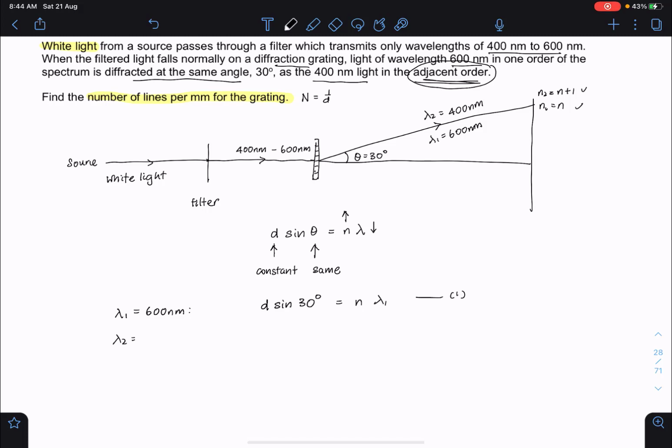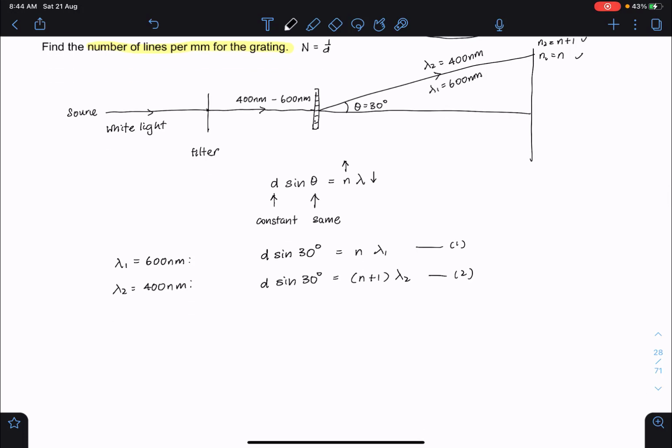For lambda 2 equals 400 nanometer, earlier on we showed that this must be the nth plus 1 order. So it's n plus 1 lambda 2, and this is equation 2. Now d sine theta is the same, so we can equate 1 to 2, and we will have n lambda 1, where lambda 1 is 600 nanometer and lambda 2 is 400 nanometer.